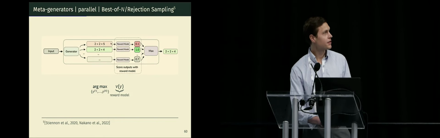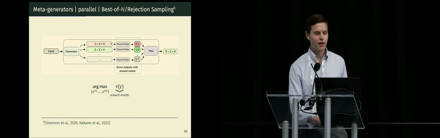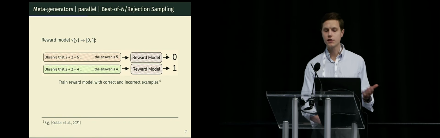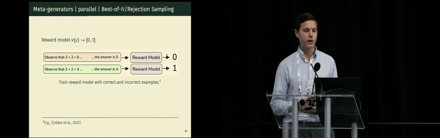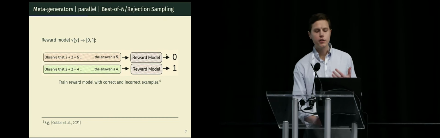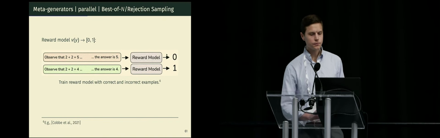So this one says 2 plus 2 equals 5, so hopefully our reward model gives that a low score. This one says 2 plus 2 equals 4, so it gets a high score. And then we just take the maximum, and that's the output. This goes by the name of best of n, or rejection sampling. And you can probably see that a really key part of it is this reward model.